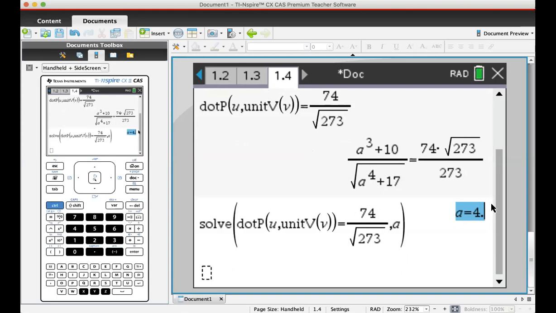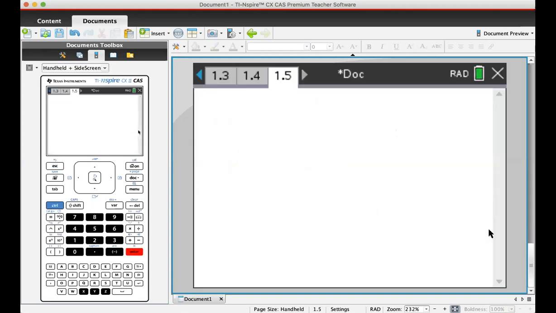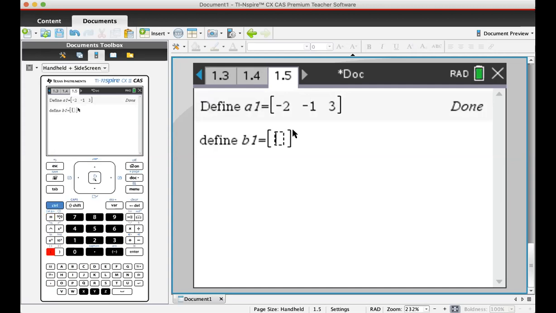Question 12 is actually saying two vectors, A and B. A minus B is perpendicular to the vector B. So let's define A1 equals -2, -1, 3. Then define B1 equals -m, comma 1, comma 2.